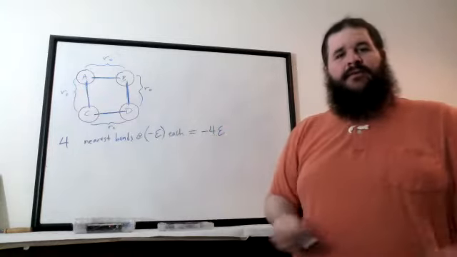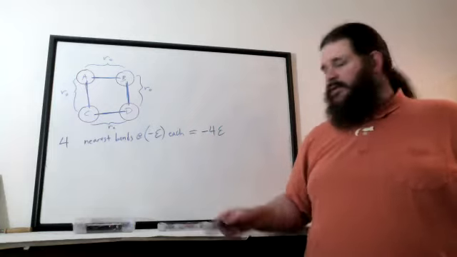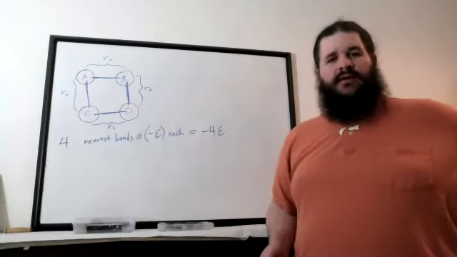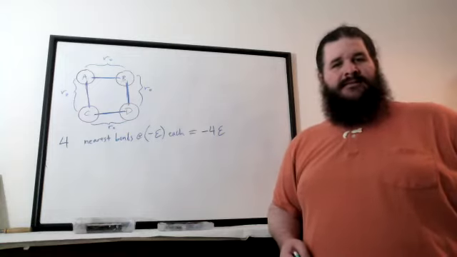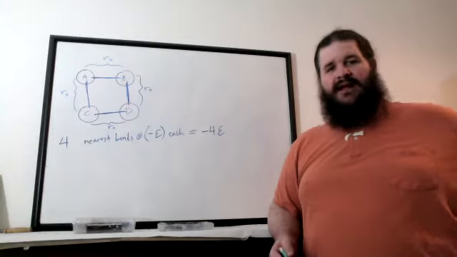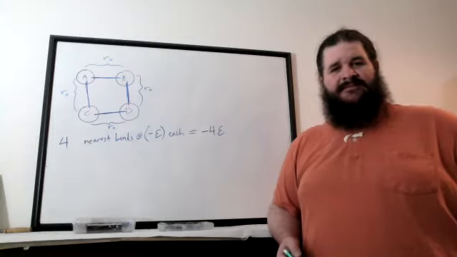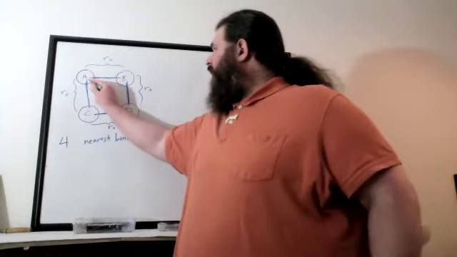But anything that's further apart from that would be a second nearest neighbor, or a third nearest neighbor, or a fourth nearest neighbor, and so on. So are there any pairs here that are further apart than that? Any pairs we haven't counted yet that are a longer distance? Yeah, AD is a longer distance.